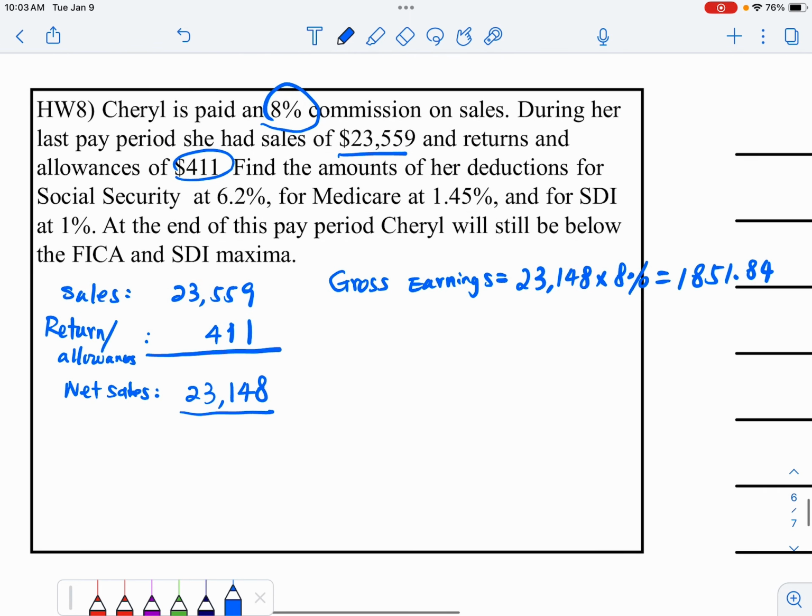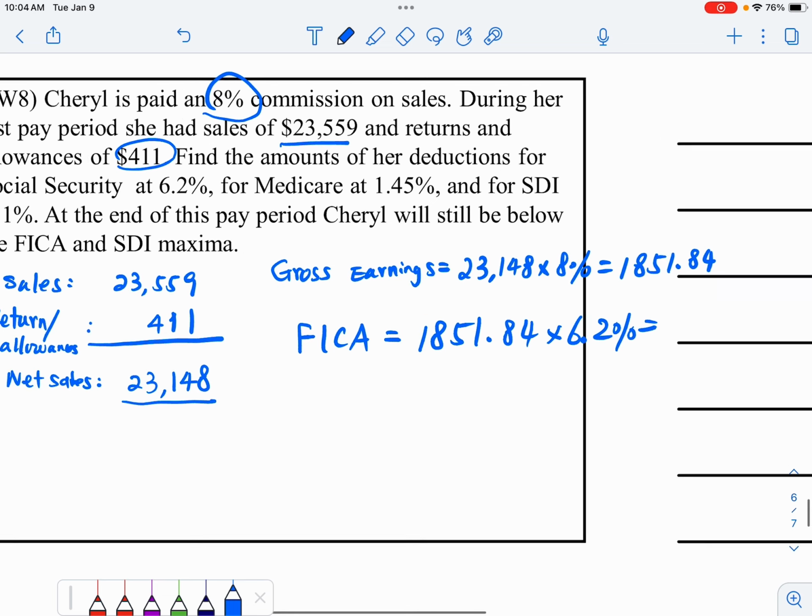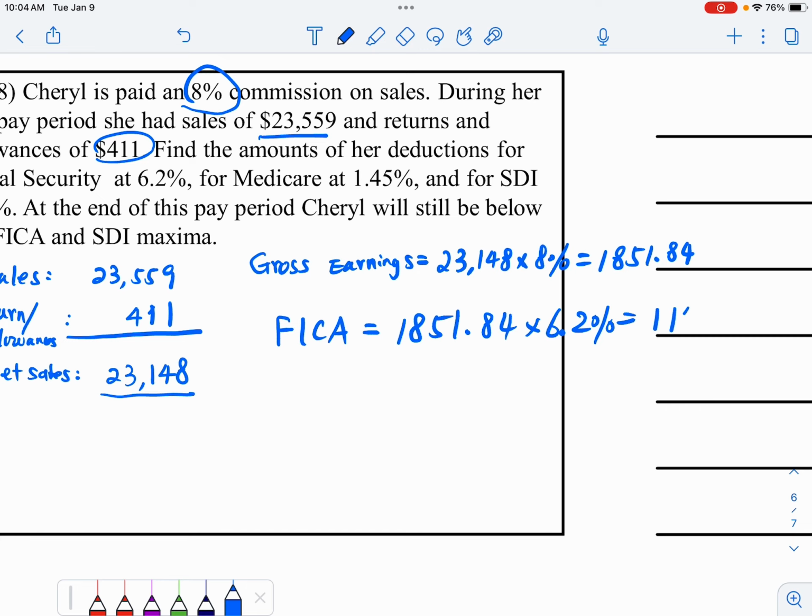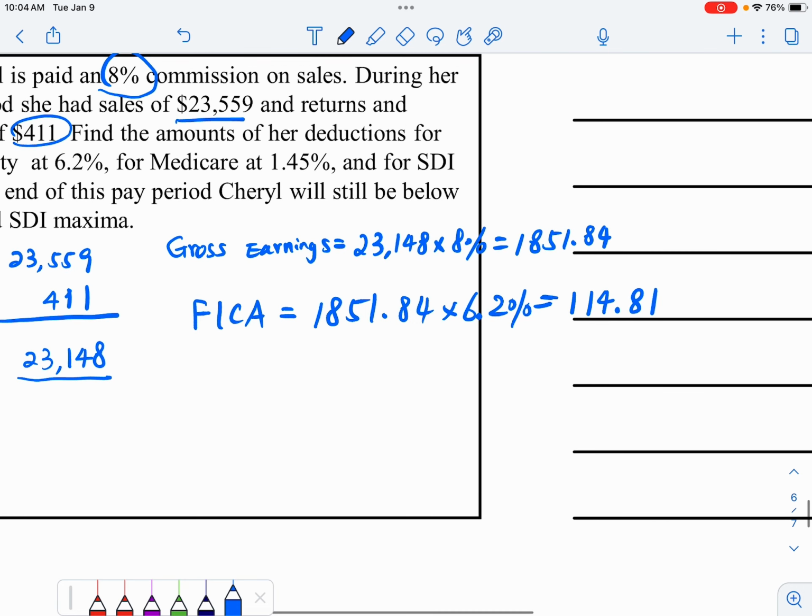So now with that, we can calculate the FICA, which is the Social Security, at 6.2%, so 1,851.84 times 0.062, which is $114.81. So this is actually rounded. The next digit was 408, but we round it.